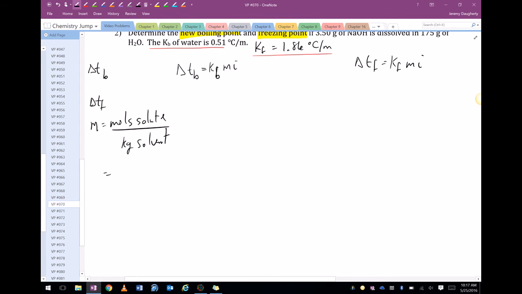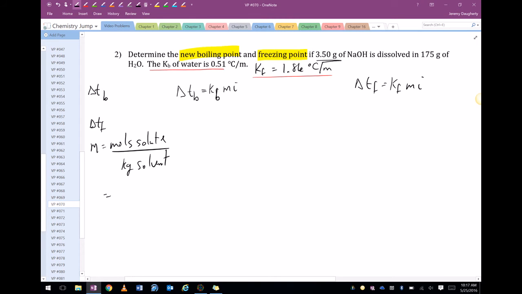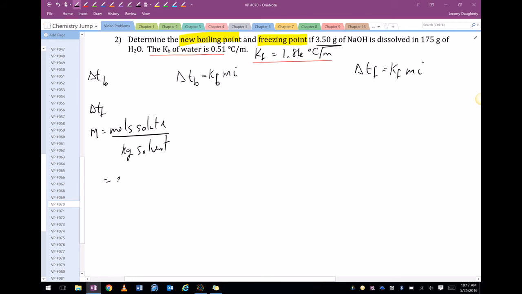So my moles of solute is going to be 3.50 grams of sodium hydroxide times 1 mole. Sodium hydroxide, let's see, I guess I should get the exact value, huh? So sodium is 22.99. So I get a value of 39.998 grams.